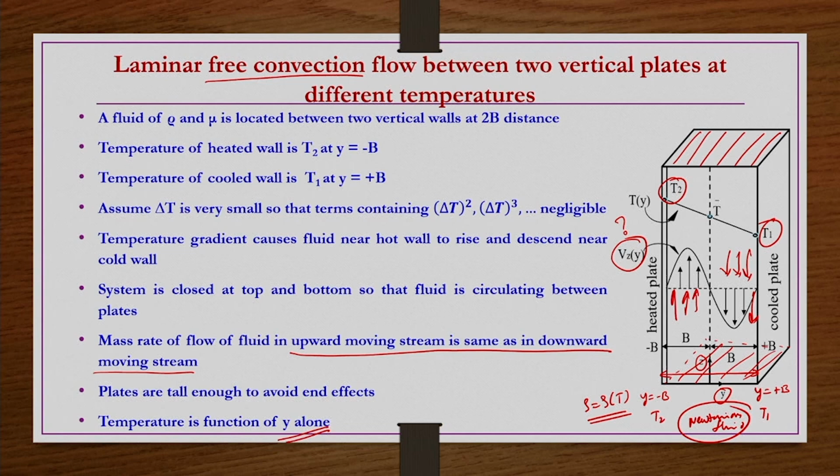Since the problem statement gives it, we do not need to worry. The temperature distribution is required because that information is needed to substitute in Boussinesq's approximation that we are going to apply for the right hand side rho term.